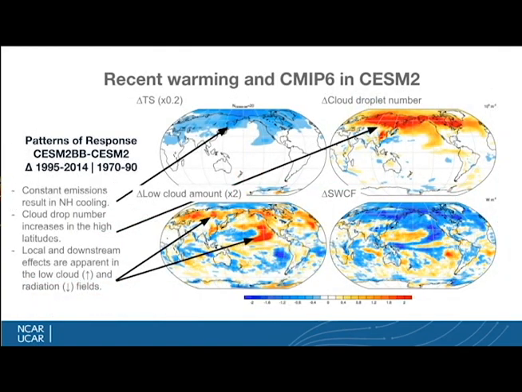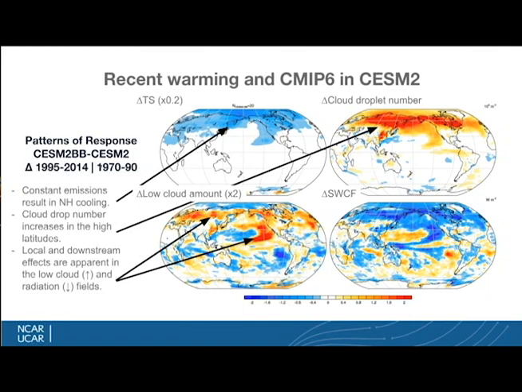So we're still looking into the details of it, but this is a fairly complicated response. It's a difference of a difference. So the difference between the later part of the 20th century and the 20 years prior to that.